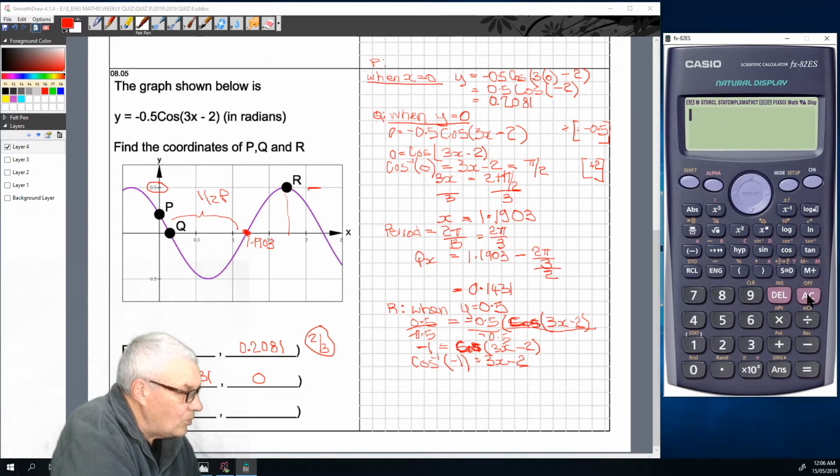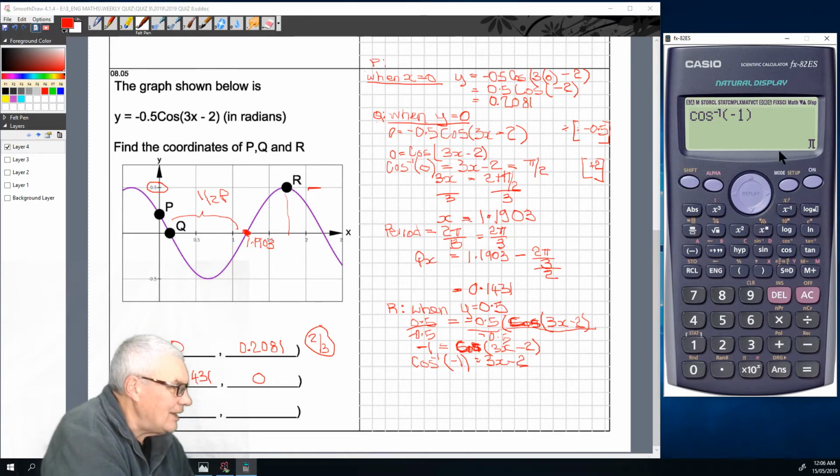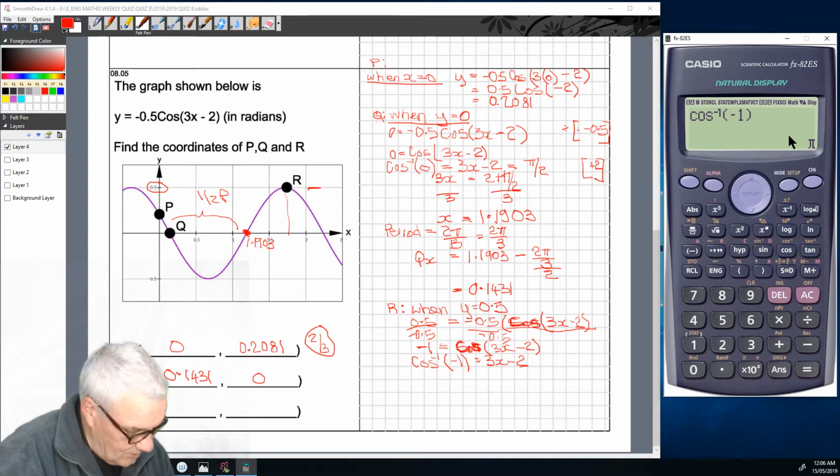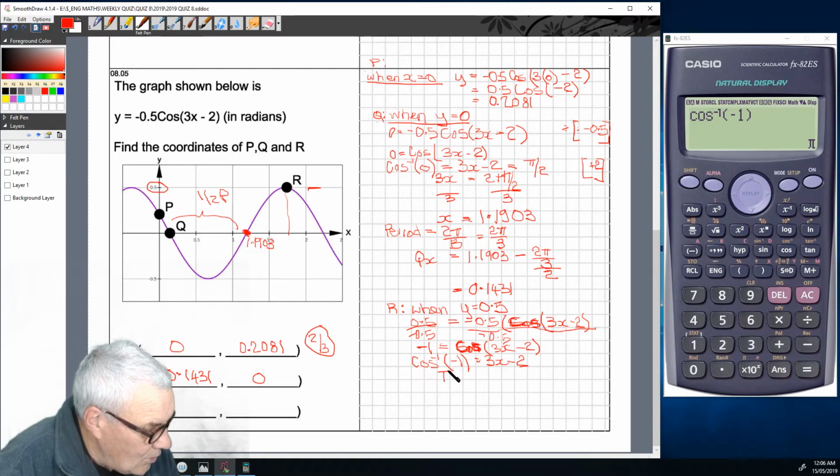Cosine to the negative 1 of negative 1 equals pi. I'm actually making mistakes even though I've got my notes here with it all written out. Equals 3x minus 2.